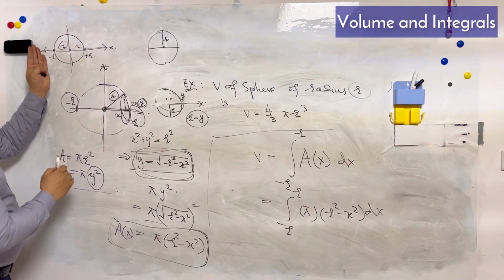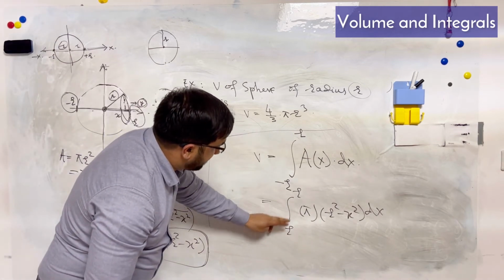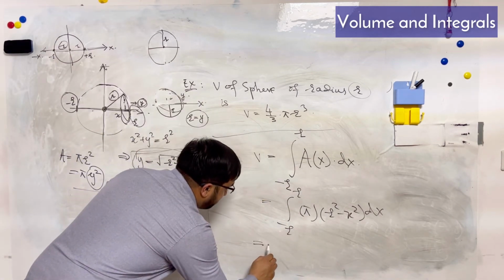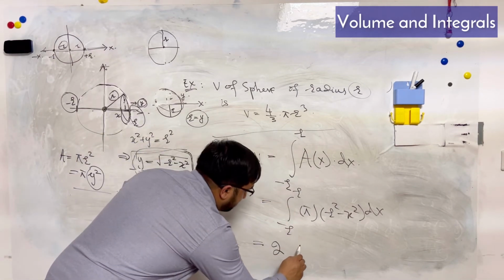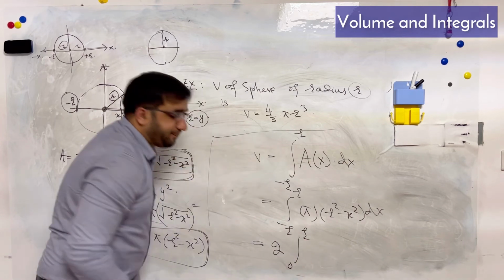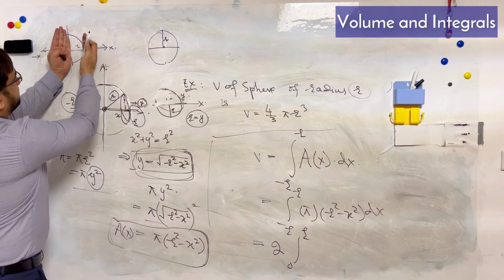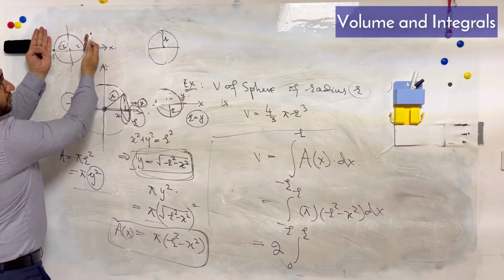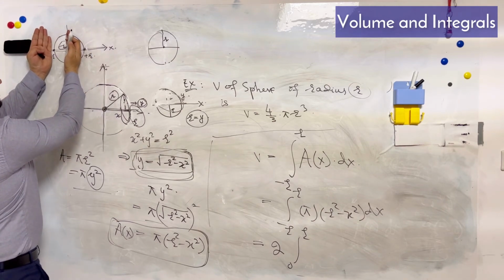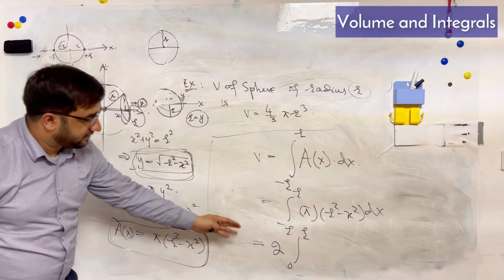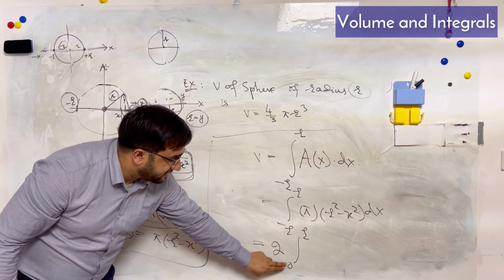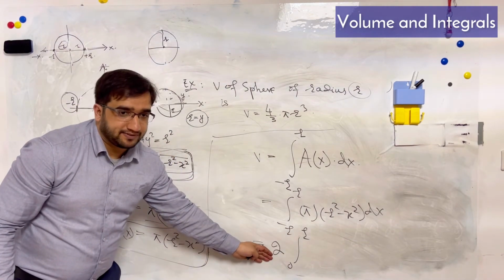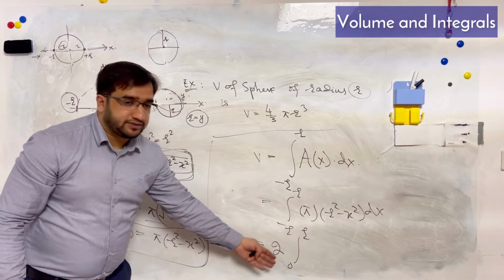Same shape. So you can say that if this is minus r to r, then it is simply 2 times 0 to r. That becomes the total. Or 2 times minus r to 0, both are fine.